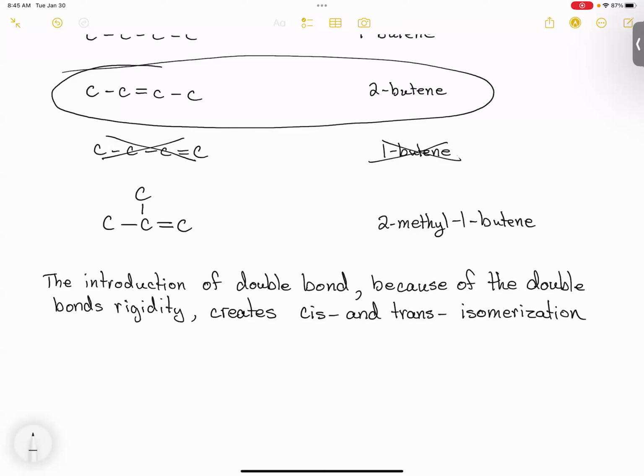This isomerization is not visible unless you use line structures.